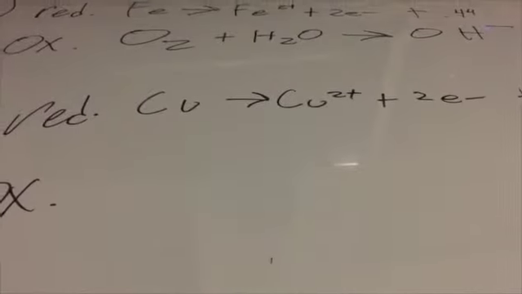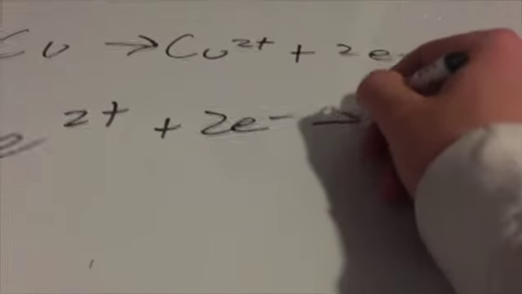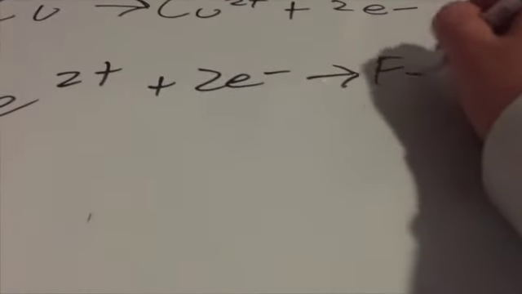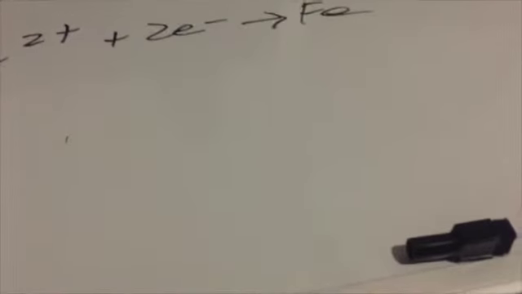Alrighty, and now you're going to see iron again, which will be reduced this time, Fe2+ plus 2 electrons, goes the arrow, to Fe.